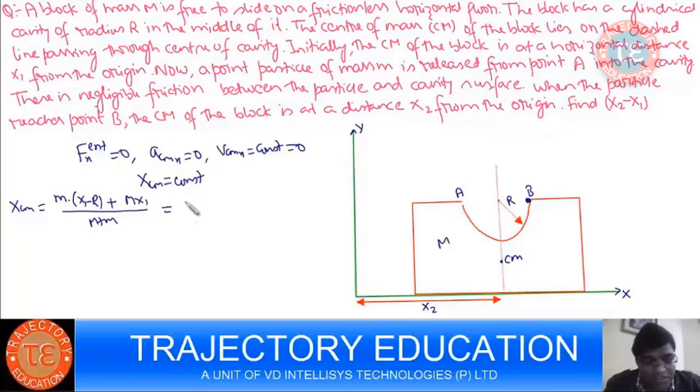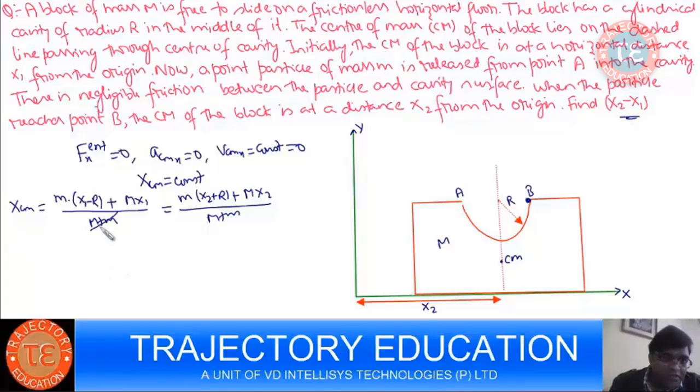So finally your center of mass will be, small m at x2 plus R, plus the block at x2, over M plus m. What we have to find is x2 minus x1.